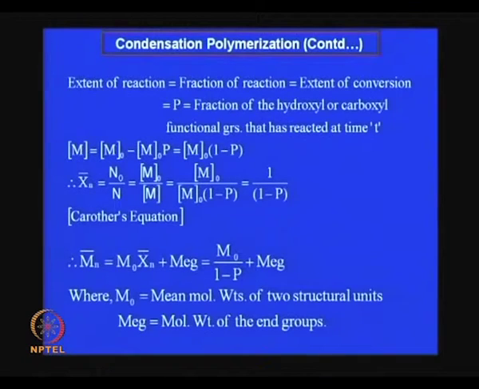That is called extent of reaction, or fraction of reaction, or extent of conversion of the monomers to polymer, designated by small p, the fraction of either hydroxyl groups or carboxyl groups or both that have reacted to form a polymer at time t.